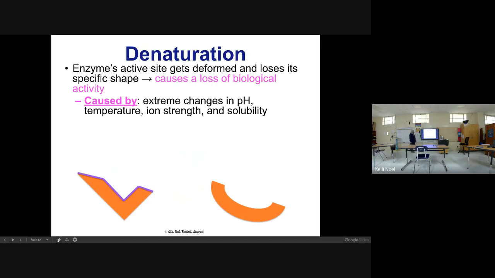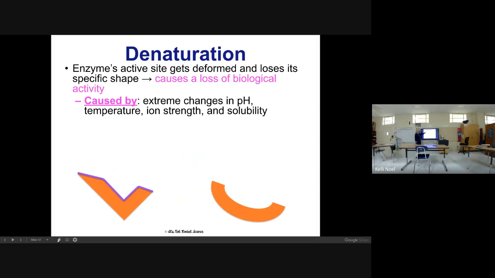Insulin, diabetics who don't make the insulin enzyme correctly, something is deformed there in that making process, then they can't break down glucose, and then they have a type of diabetes.